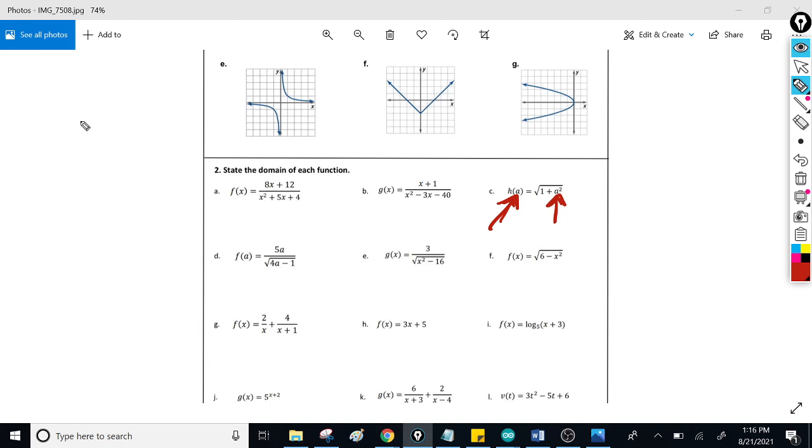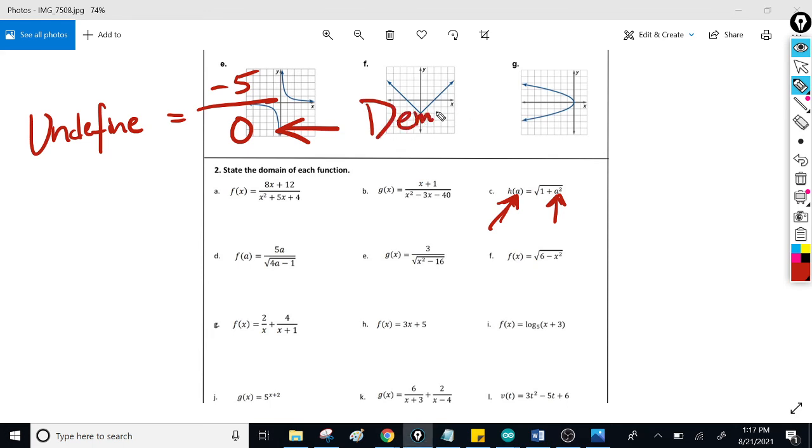In order to not have a solution, the denominator has to be 0. Up here you can have whatever number, doesn't matter. But down here, if the denominator is 0, that is when you do not have a solution. That is when you have a disconnection.